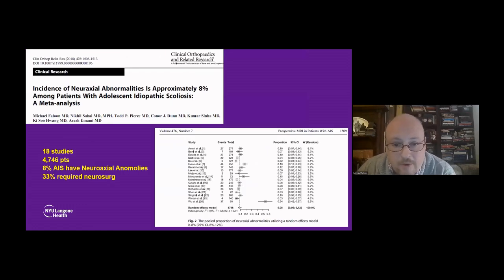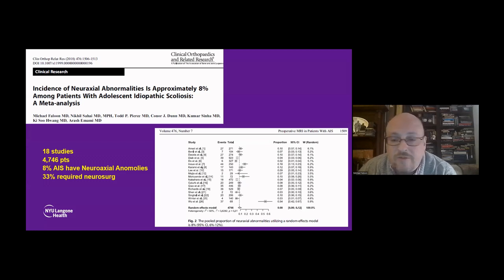I bring this paper out not as a self plug, but I think it answered one of the questions that was posed before. We were forced to change the title of this, and I really was proud of this paper. We looked at all of the papers that were published, and there are 18 very good papers on MRIs preoperatively on patients undergoing AIS fusion procedures.